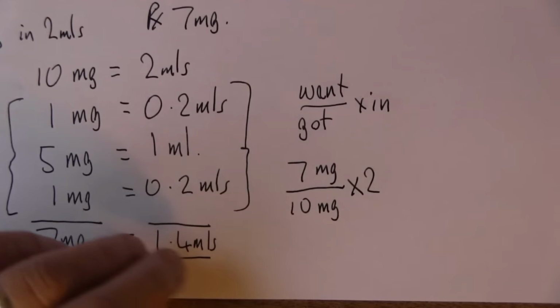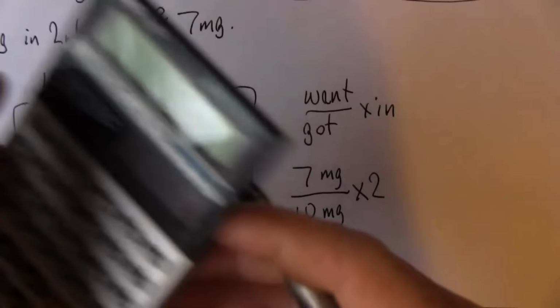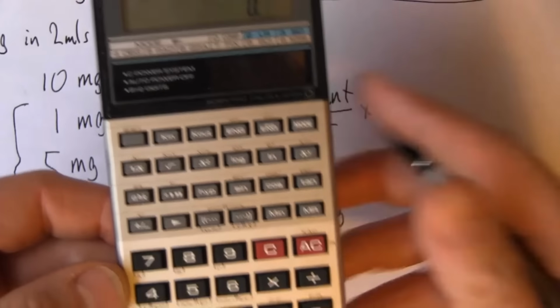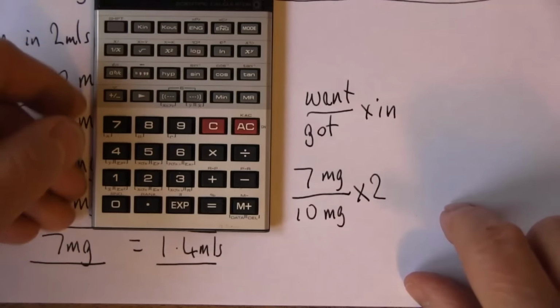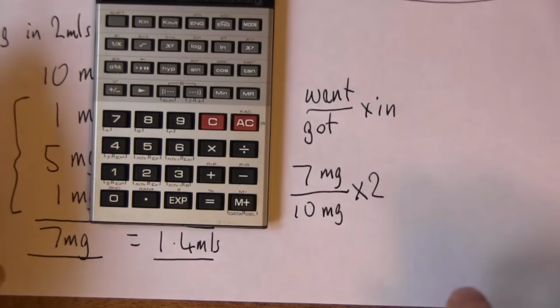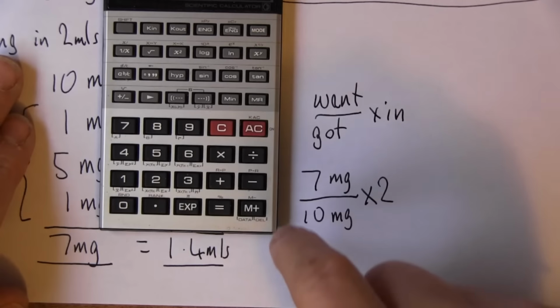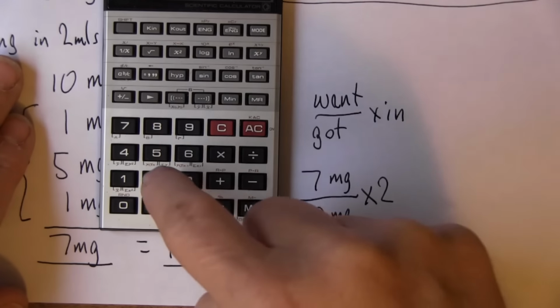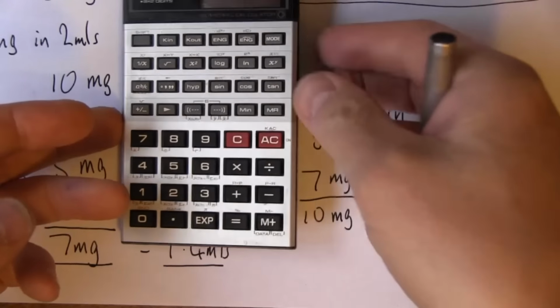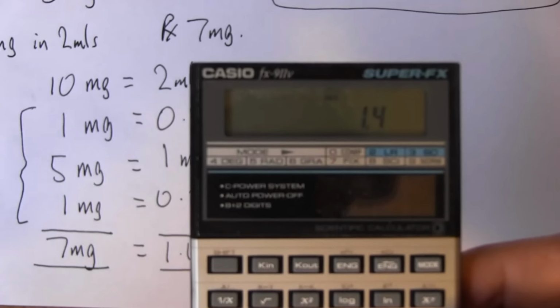So that becomes my equation. So we do this with 7 divided by 10 times 2 equals, and the answer there is 1.4.